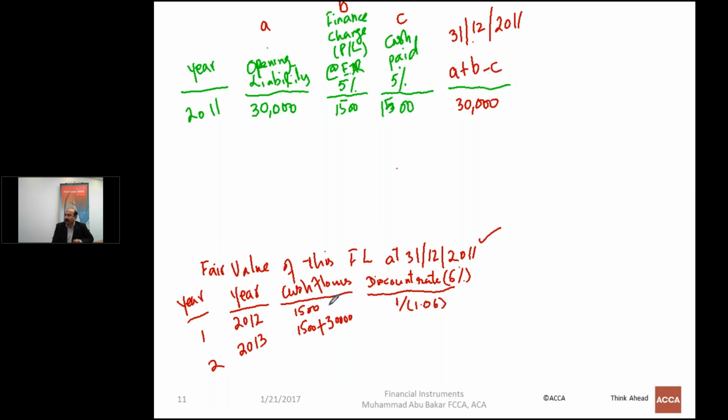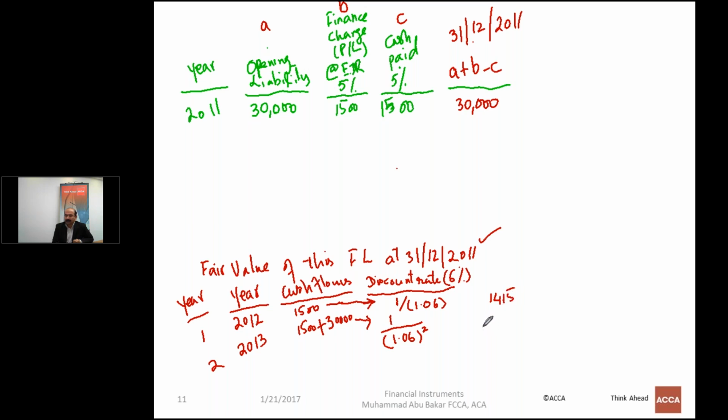So this will be multiplied with 1,500 in order to reach the present value for the first year, and the sum of these two will be multiplied with the second year discount factor.